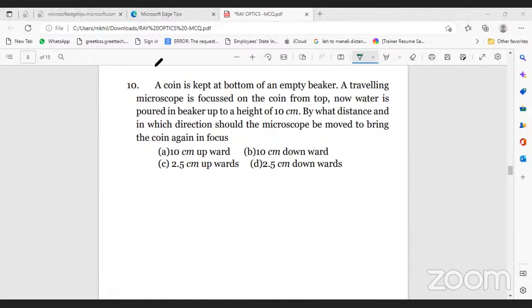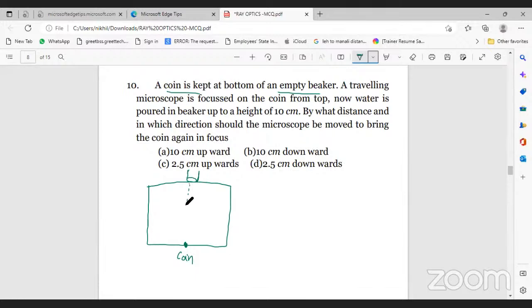See here, actually the coin is kept in the empty beaker initially. If I say this is the empty beaker and this is the coin, and I focus the traveling microscope from above, it will be seen at the exact distance. Let it be x.